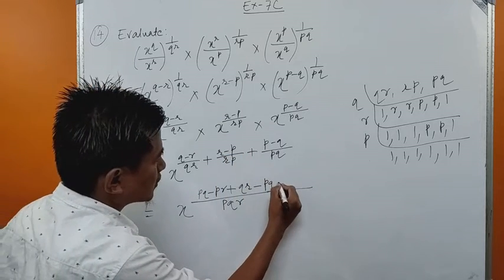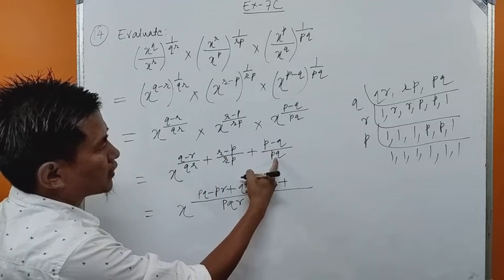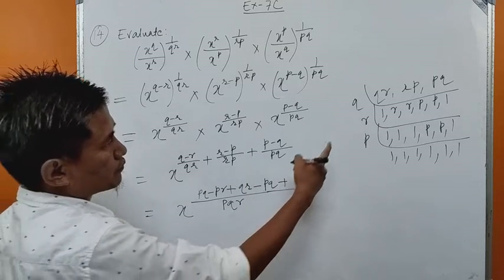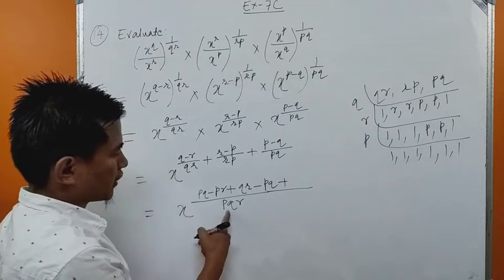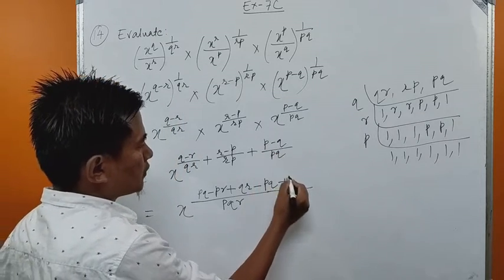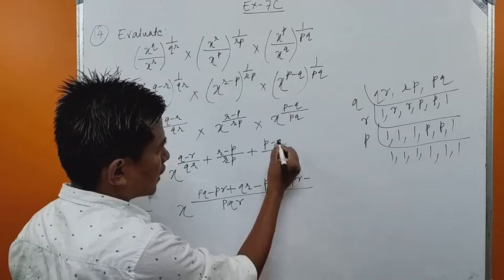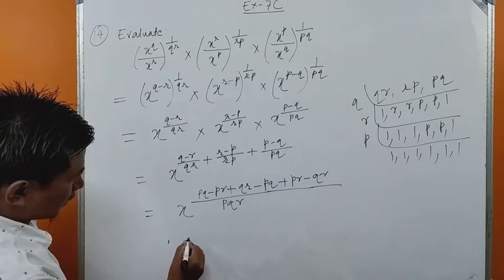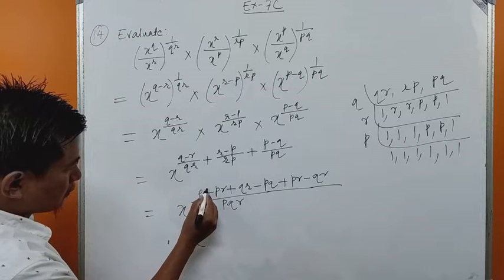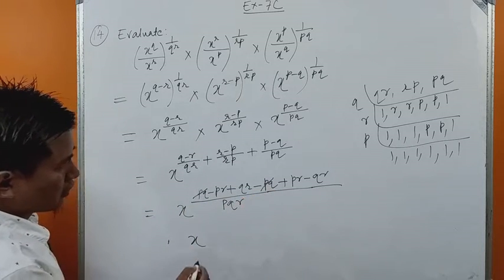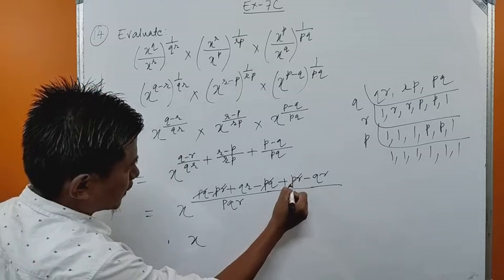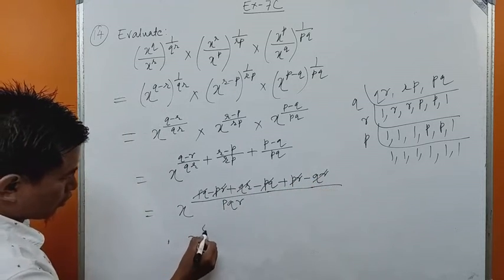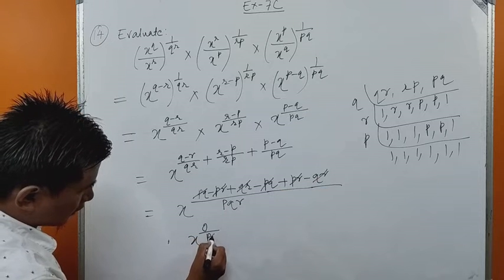Plus we don't have r here, so pq into r we get pqr, so that is r into p, pr, minus r into q, qr. So plus pq minus pq cancels out, minus pr plus pr cancels out, plus qr minus qr cancels out. So 0 upon pqr.